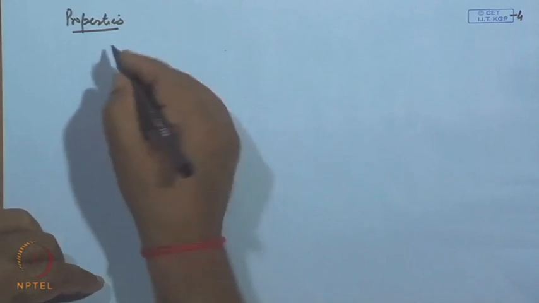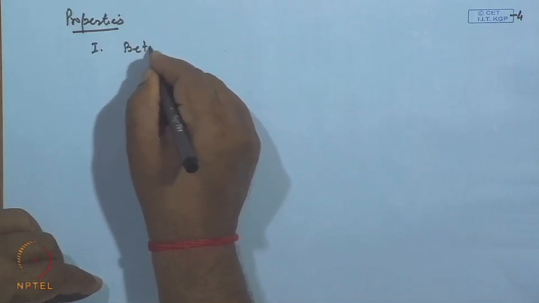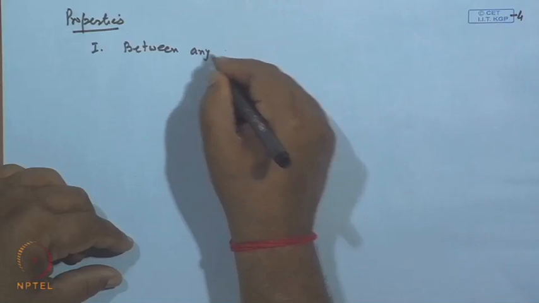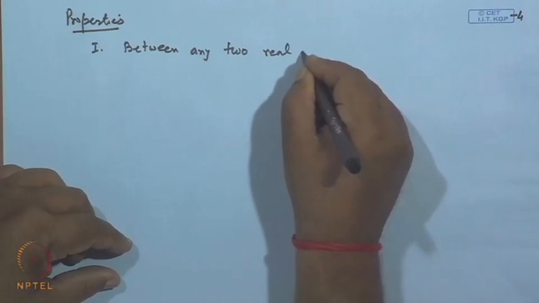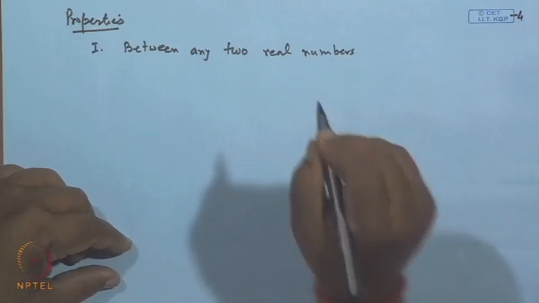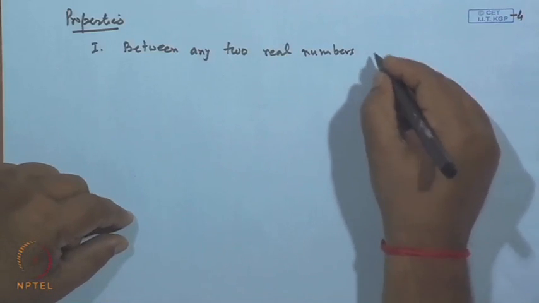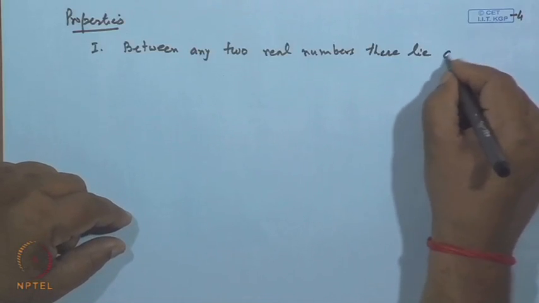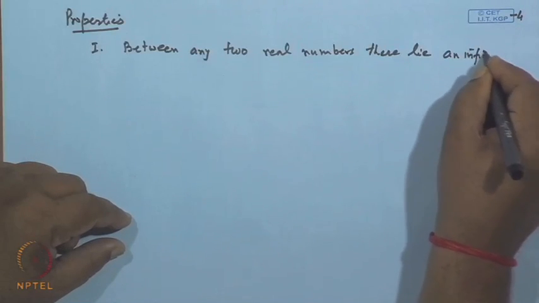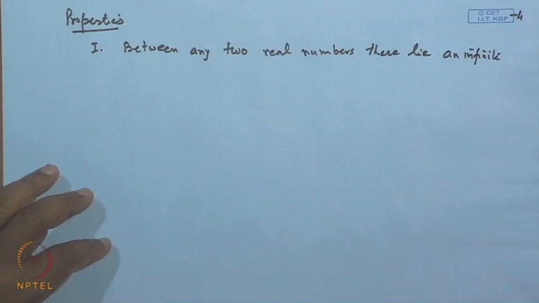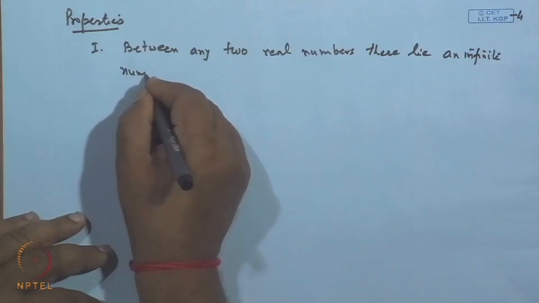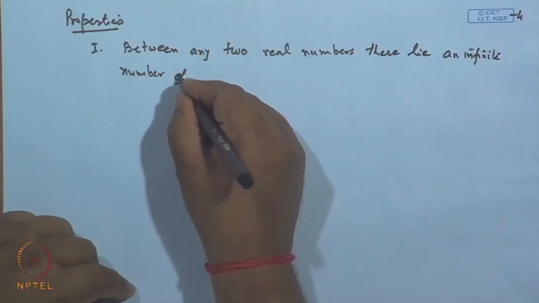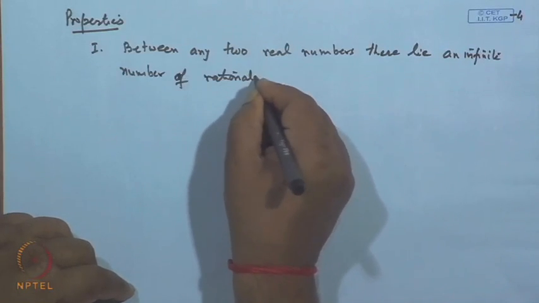The property says: between any two real numbers, there lie an infinite number of rationals.